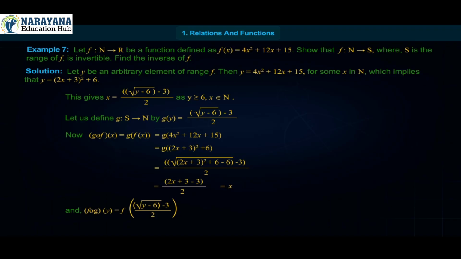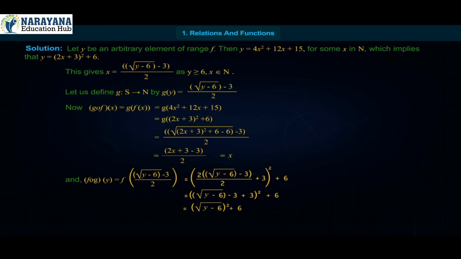And f∘g(y) = f((√(y - 6) - 3)/2) = (2 × (√(y - 6) - 3)/2 + 3)² + 6 = (√(y - 6) - 3 + 3)² + 6 = (√(y - 6))² + 6 = y - 6 + 6 = y.